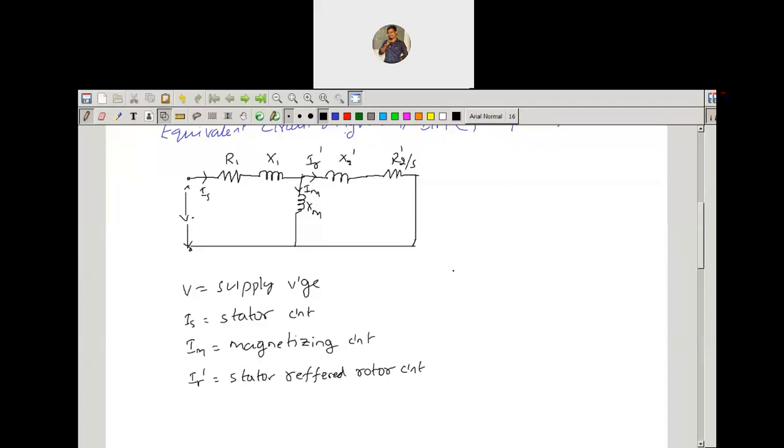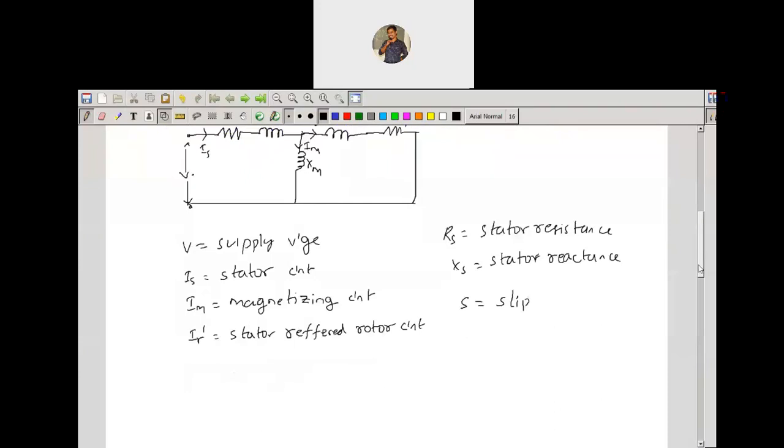RS is the stator resistance, in ohms. Coming to XS, this is the stator reactance, also in ohms. Coming to the remaining two parts, RR dash and XR dash: S stands for the slip, we'll talk about slip in a couple of minutes.